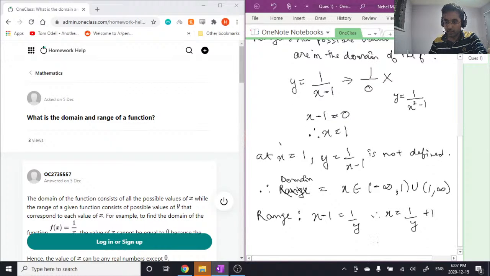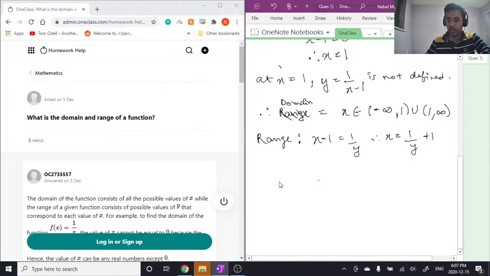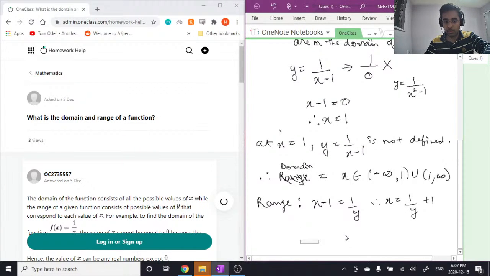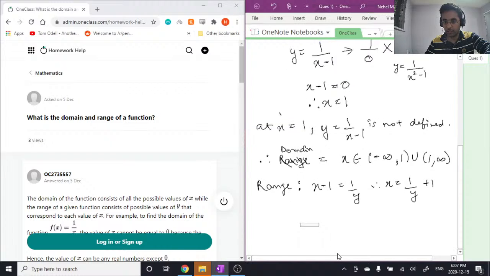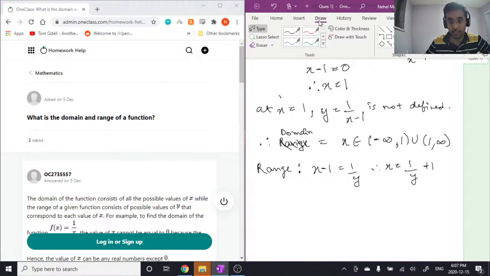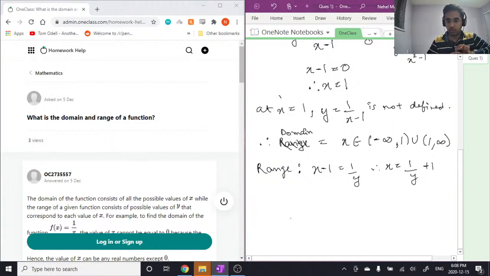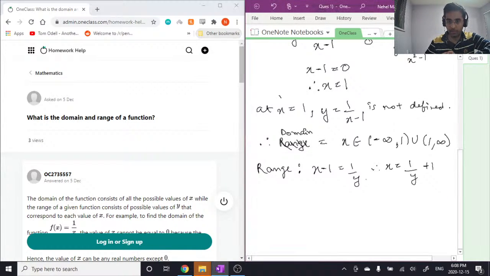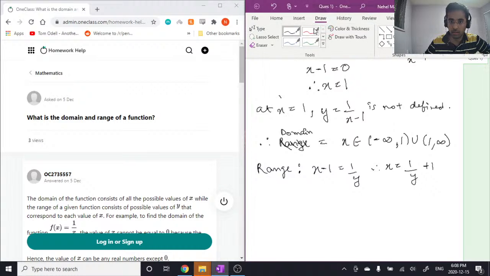Now looking at this again, we know that we cannot have a case where y equals 0. Therefore, our function y cannot take the value of 0, which would mean that that's not part of the range of the function. So for this expression, y cannot be 0. Let me just write that down.